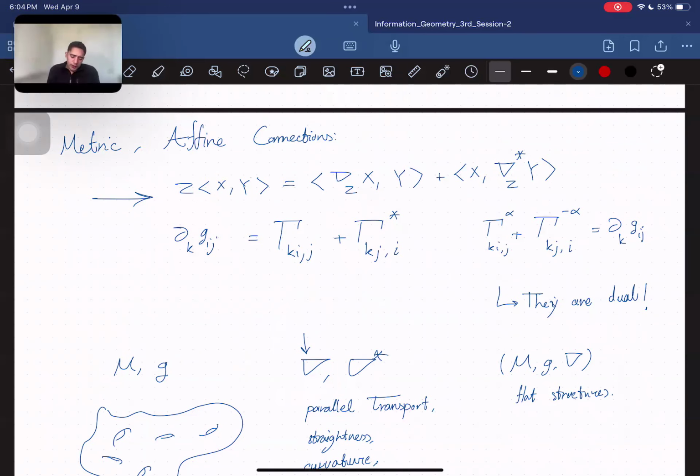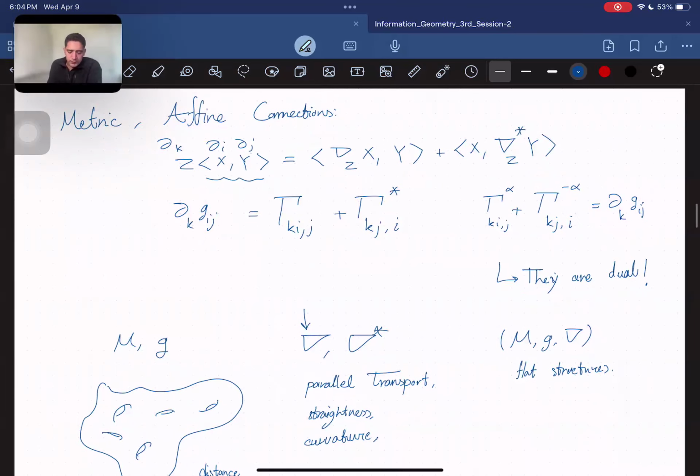So I can go and write this mathematically. What this means is that, consider this simply as this. If I take the derivative of this, it's the definition of your Riemannian metric.